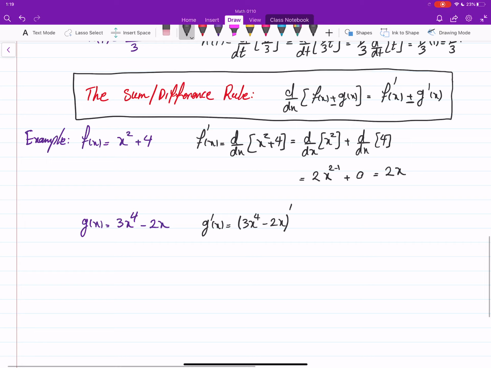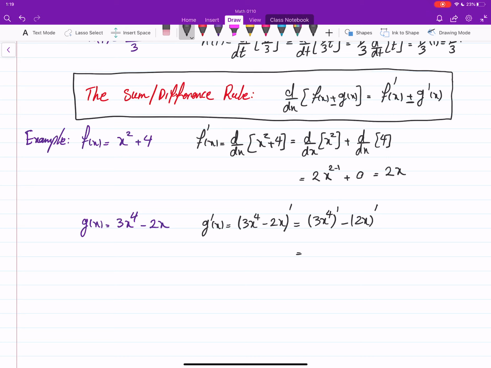I'm trying to write different forms of notations such that you learn these different notations meanwhile that we are learning the rules. Here, the difference of two functions, so you can differentiate each one and then subtract.